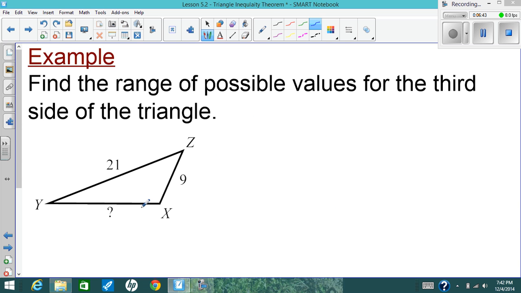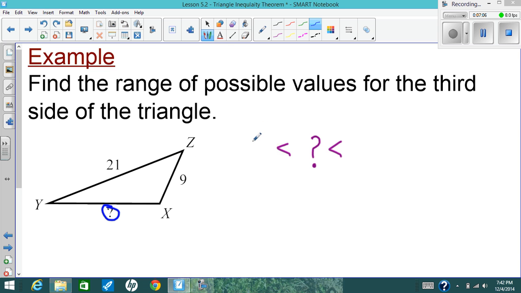Let's go ahead and pause the video here and see if you can find the range of possible values for this side question mark. So again, we're going to have an inequality. That side is going to be less than some value and greater than some other value.